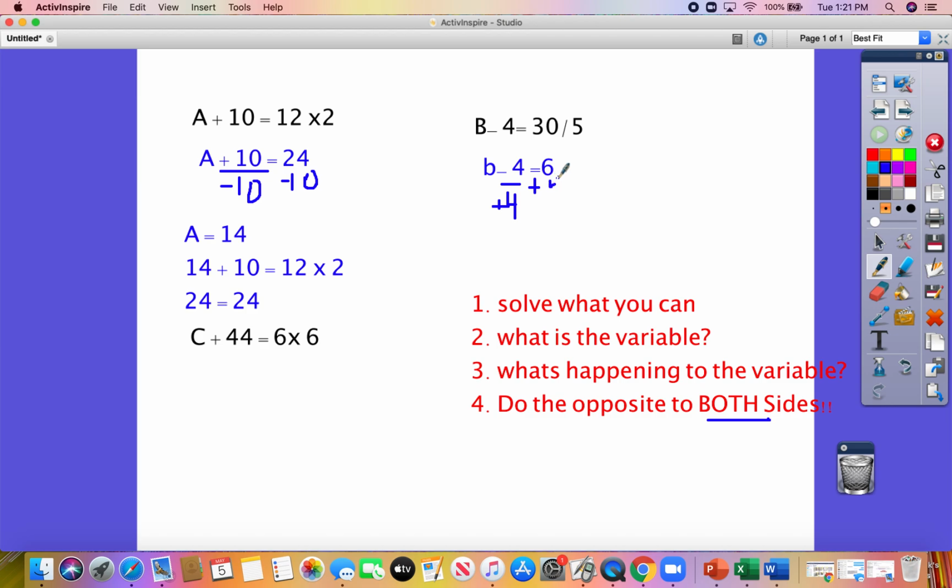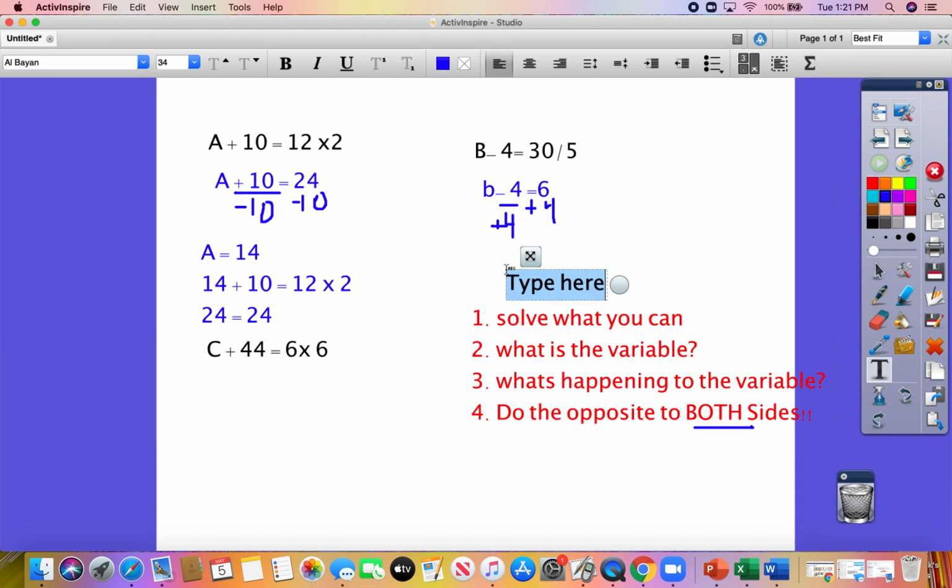To both sides of that equal sign. And then I'm going to end up with B equals 10. All right, 6 plus 4 equals 10, and I can check it. 10 minus 4 equals 30 divided by 5, and 6 does equal 6.